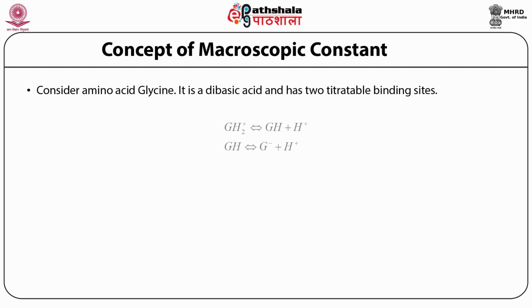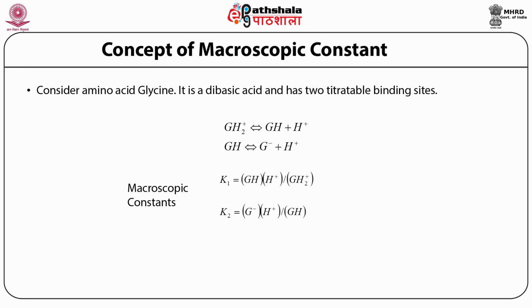The steps are GH2+ going to GH plus H+, and then GH giving G- plus H+. So we can think of 2 macroscopic constants, where K1 is given by [GH][H+]/[GH2+], while K2 is equal to [G-][H+]/[GH].